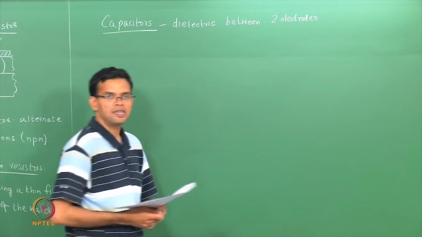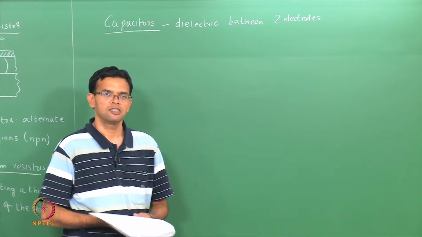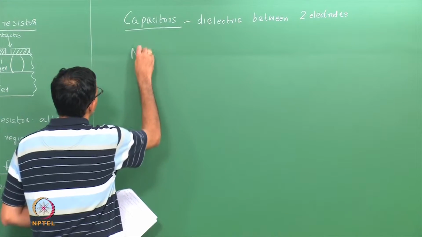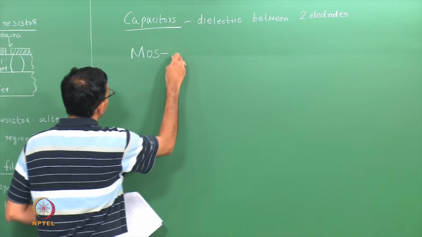So, the simplest example of a capacitor system we have already seen before is your metal, oxide and semiconductor.